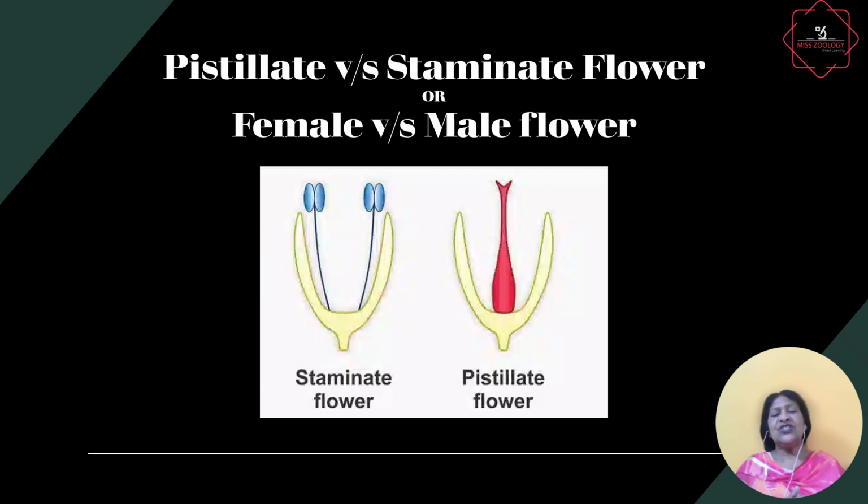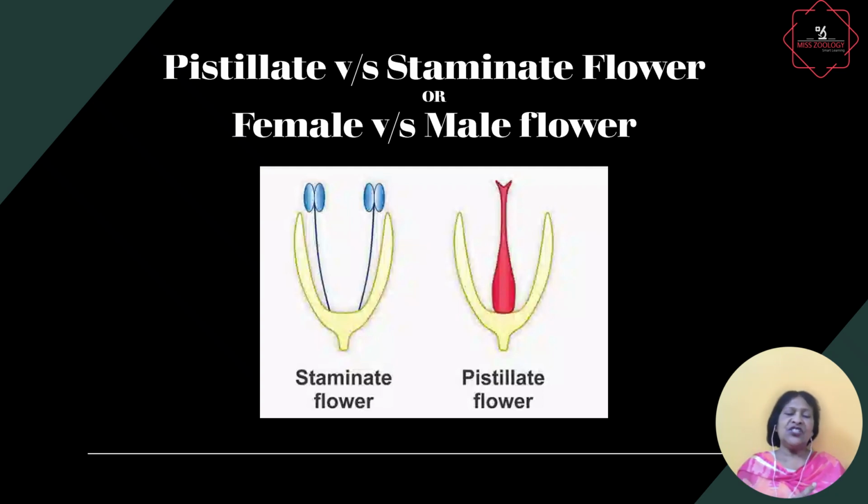Pistillate versus staminate flower. The pistillate flower may instead be written as female flower and the staminate as the male flower. So pistillate flower will lack androecium. But if it lacks androecium, what must it have? It must have the gynoecium amongst the essential whorls. So, pistillate flower is a unisexual flower that possesses gynoecium.